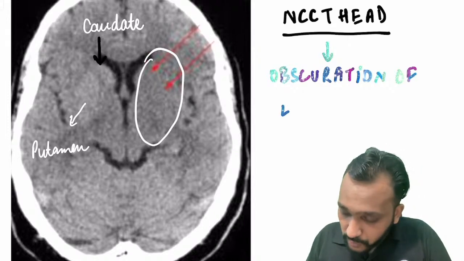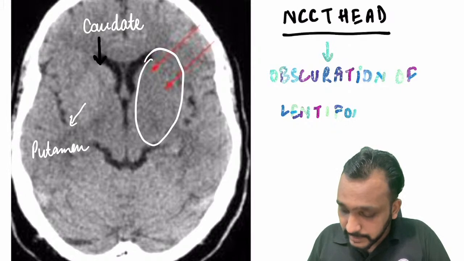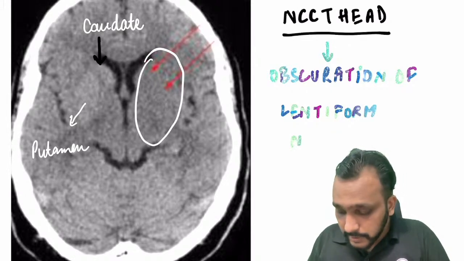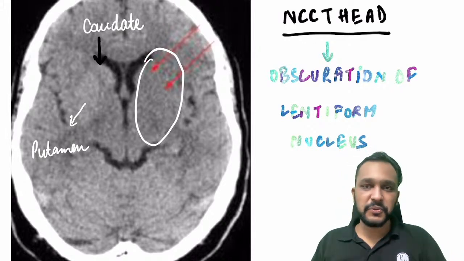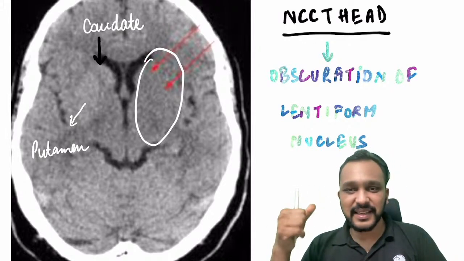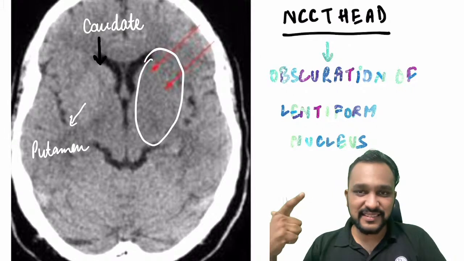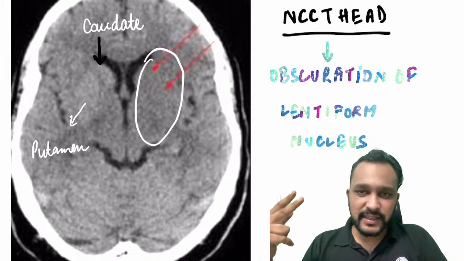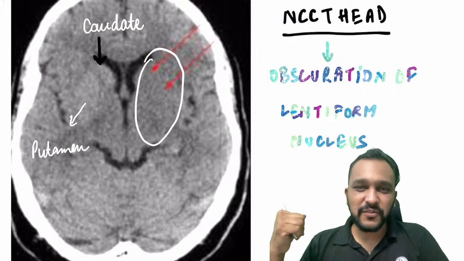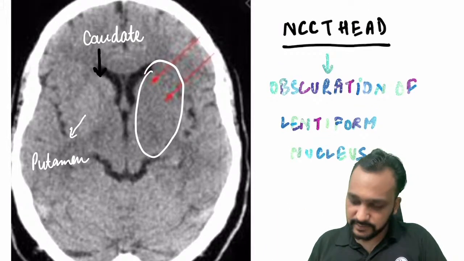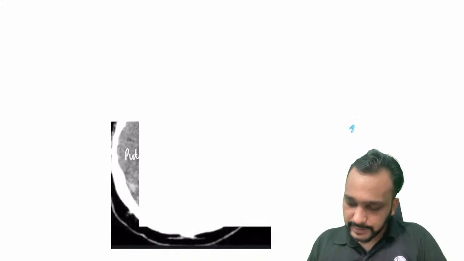So when the lentiform nucleus is not visible on NCCT head images, again you are going to think of hyperacute ischemic stroke. So we have studied 5 signs. One is dense MCA sign, dense basilar artery sign, Sylvian dot sign, loss of insular ribbon sign, and obscuration of the lentiform nucleus, right?